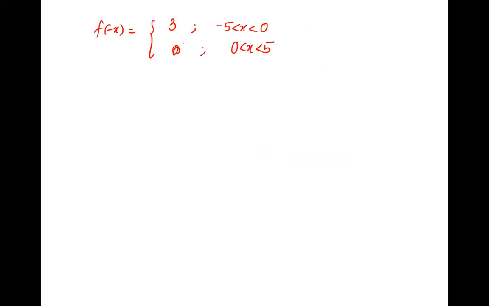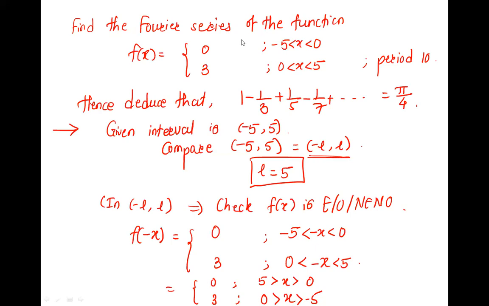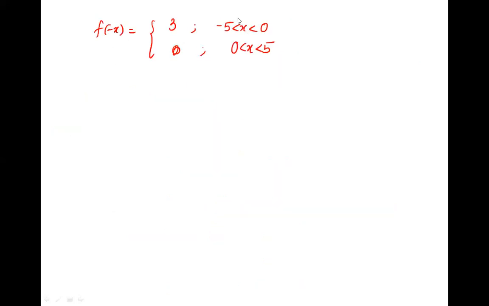Given is 0 on minus 5 to 0, but when we change x to minus x, the value becomes 3, which means the value got changed. So is it like f of x? No. Is it like minus of f of x?